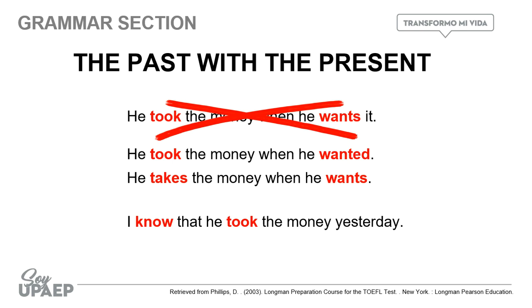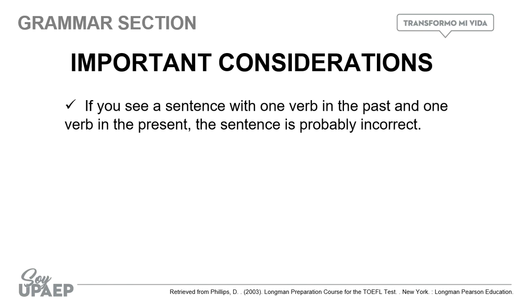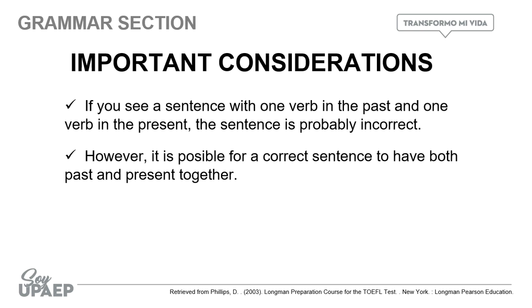So you can see from this example that it is possible for an English sentence to have both the past and the present tense. But it is important that you analyze the meaning of the sentence in order to decide if this combination is correct or not. So here are some considerations. If you see a sentence with one verb in the past and one verb in the present, the sentence is probably incorrect.